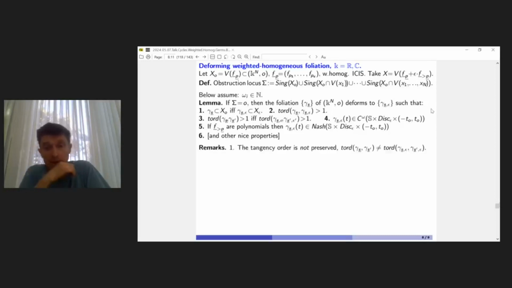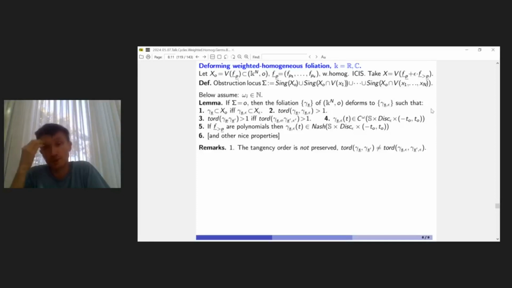Well, some remarks. The tangency order of arcs is not preserved here, unfortunately. In part 3, we have that two arcs are tangent if and only if their deformed versions are tangent. That's true, but the tangency order is not preserved. If the tangency order would be preserved, then we would get something like bi-Lipschitz trivialization.